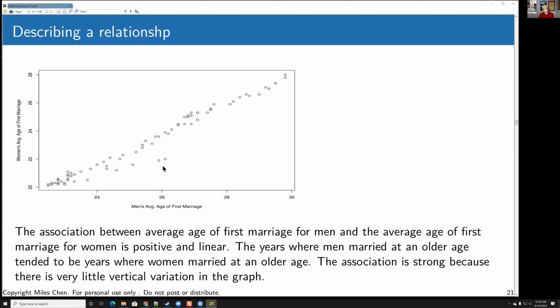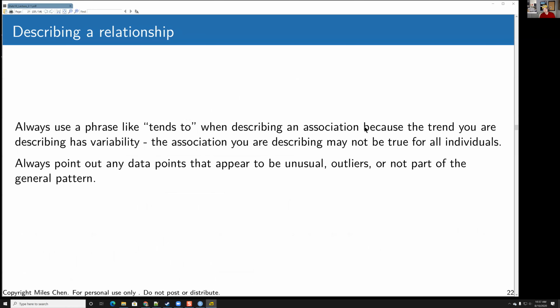So it's not going to necessarily apply for each individual point on the graph, but overall, when we're talking about a general trend, we can say this tends to happen, but of course it's not necessarily the case for all individuals, right?